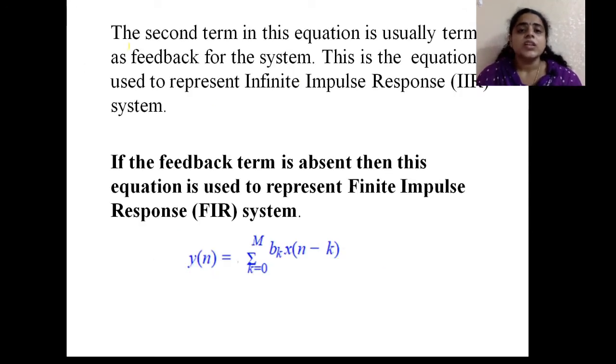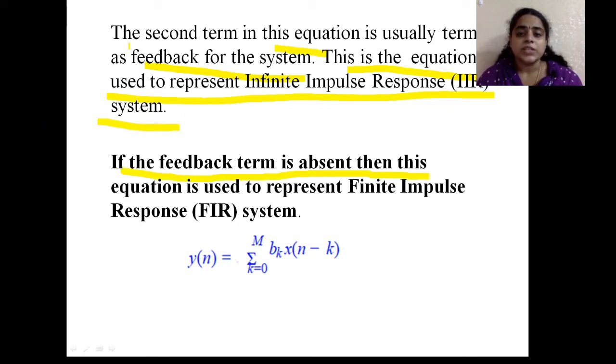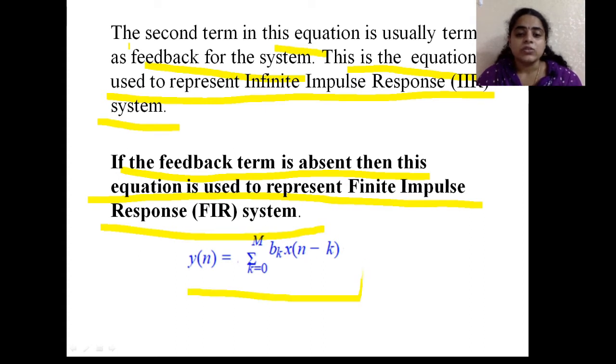See here, the second term in this equation is usually termed as feedback for the system. This is the equation used to represent an infinite impulse response system. If the feedback term is absent, then this equation is used to represent a finite impulse response system, FIR. Y of n equal to summation k equal to 0 to m bk into x of n minus k.